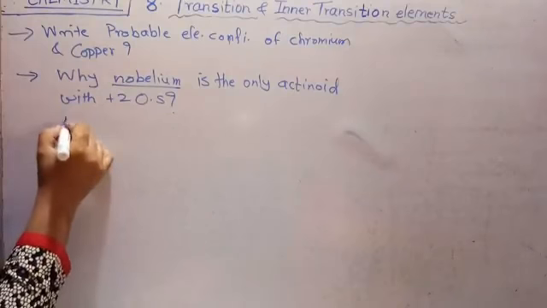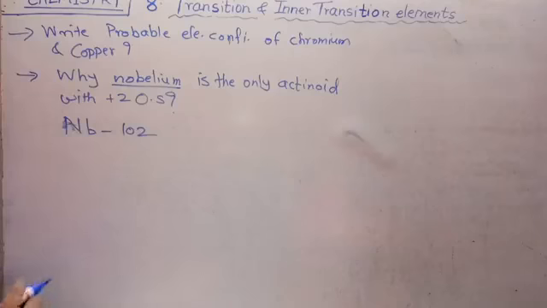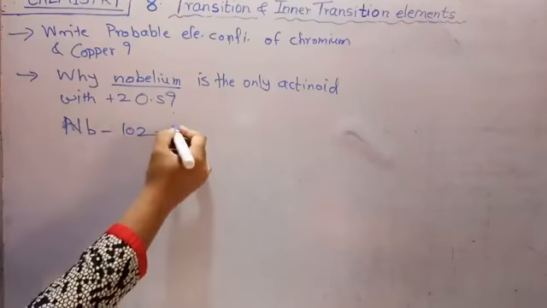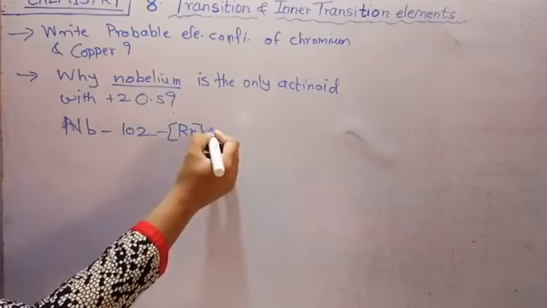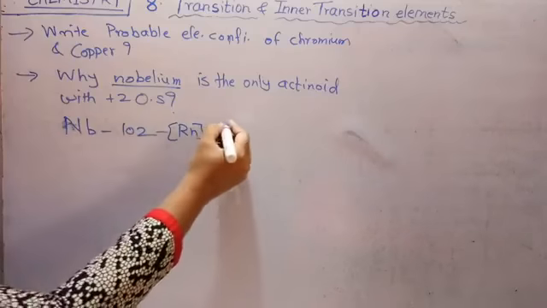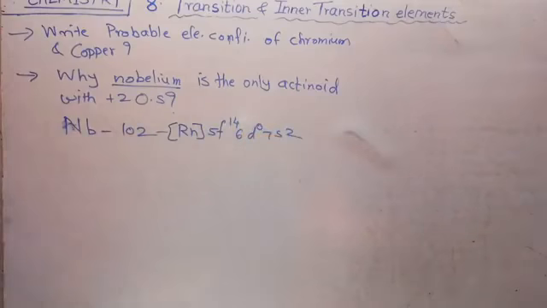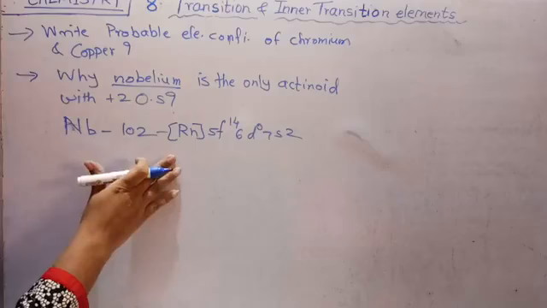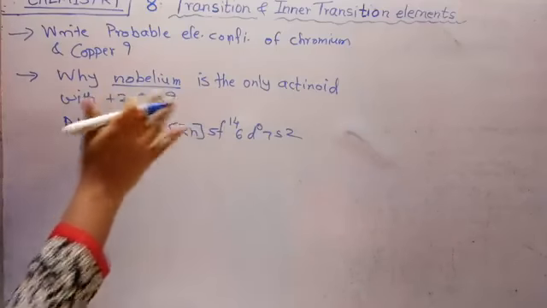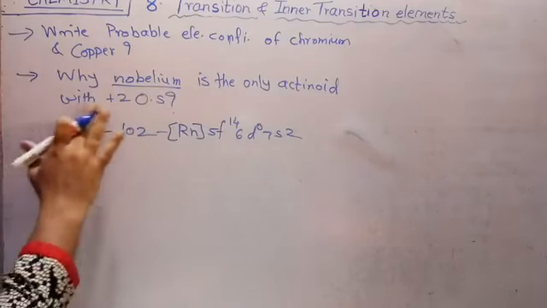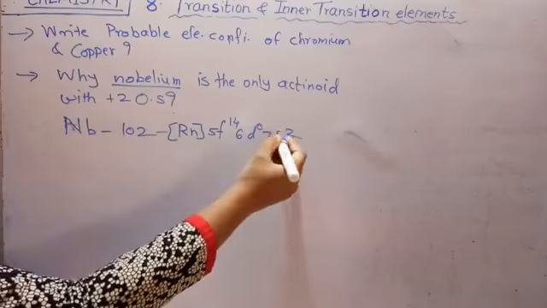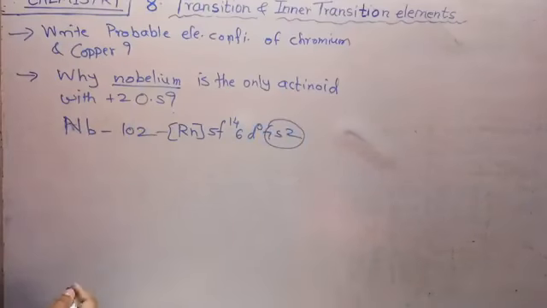First write nobelium, having atomic number 102. Its electronic configuration is radon core 5f14 6d0 7s2. If you write the correct electronic configuration, then from the configuration you can easily write the answer to this question. It exists only in +2 oxidation state. The +2 oxidation state means removal of 2 electrons from 7s, leaving 7s0.